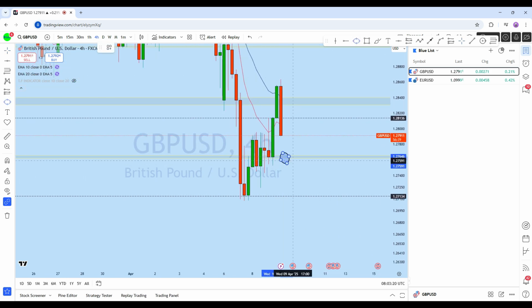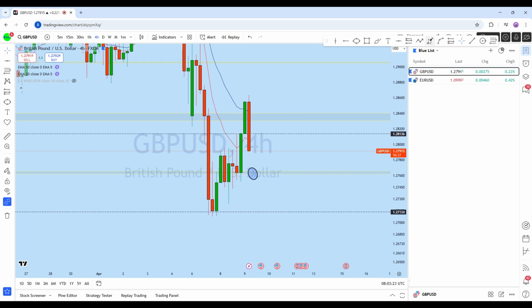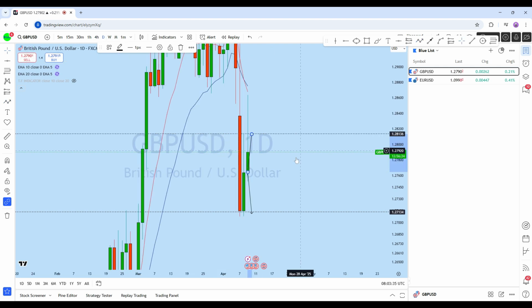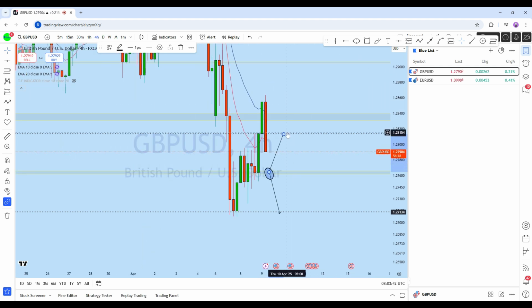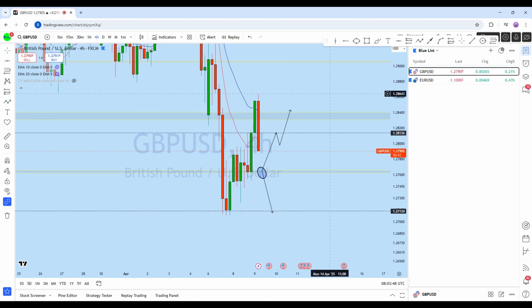Either we will be looking for a selling opportunity in this market for the short term, or if the price has directly hit that level, we might see it react to the upside again. As I mentioned, this is the daily support, and there is a long wick. The price already visited that level, and we may see the market potentially react to the upside to create a new higher high in this market.